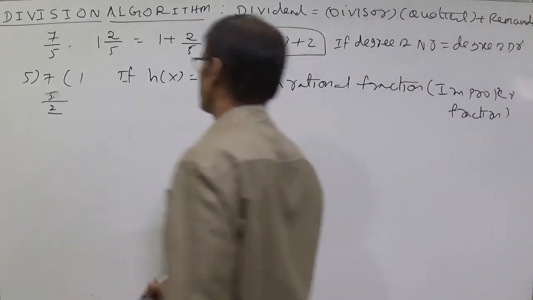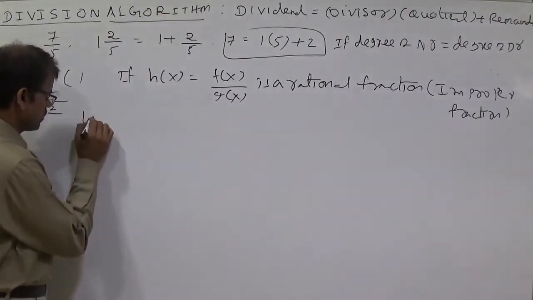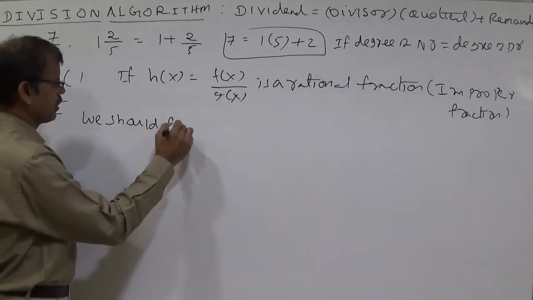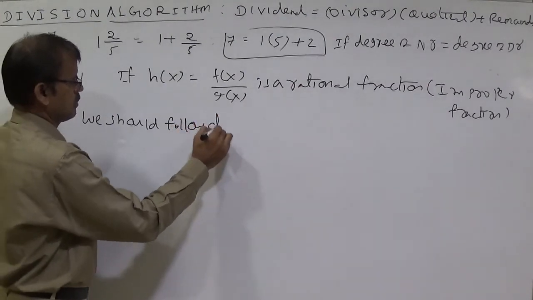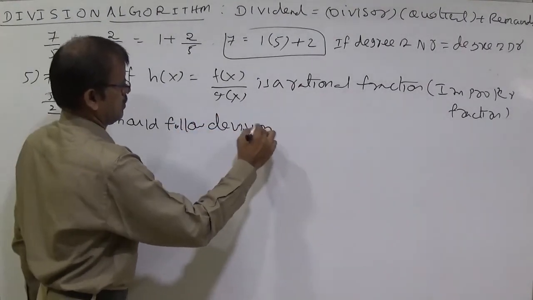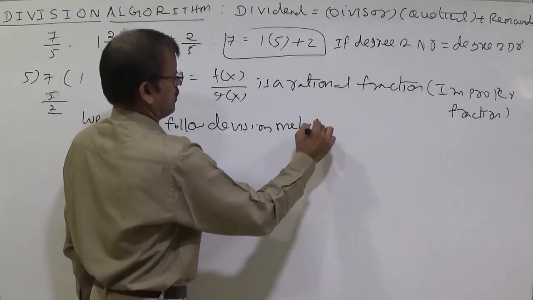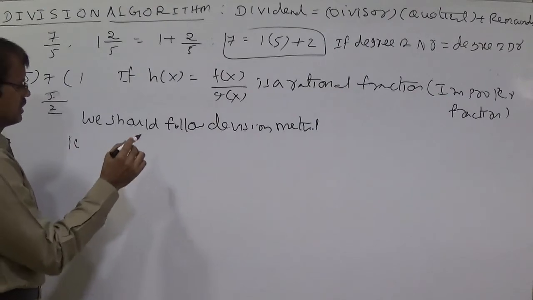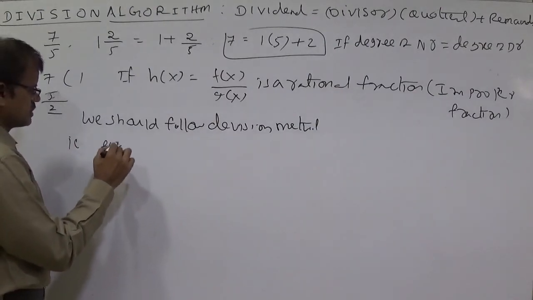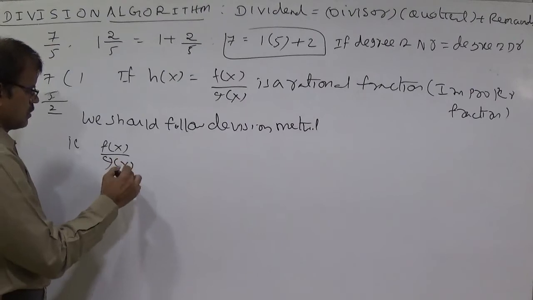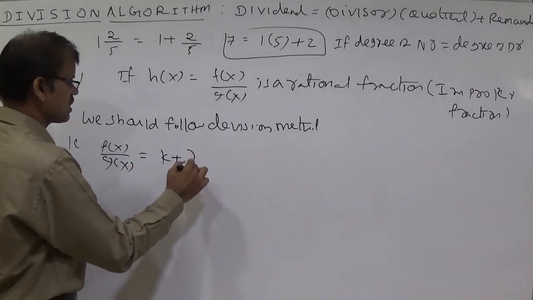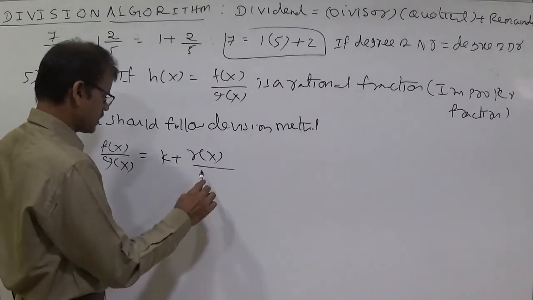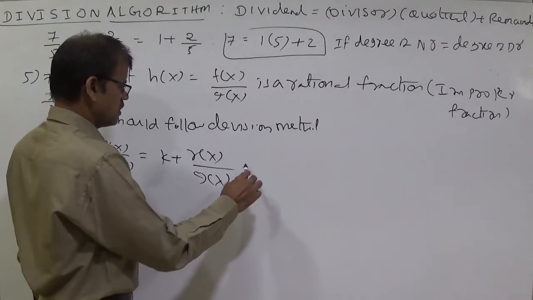Then for f of x by g of x, we should follow the division method. It is a rule. That is, f of x by g of x is equal to some constant k plus r of x by g of x, where r is the remainder.